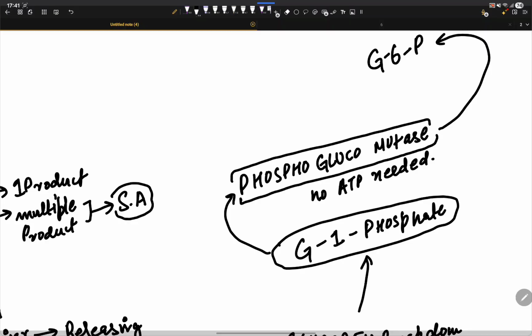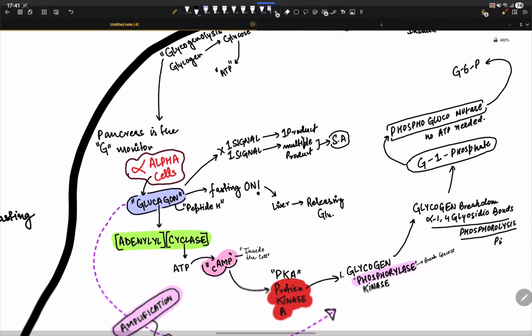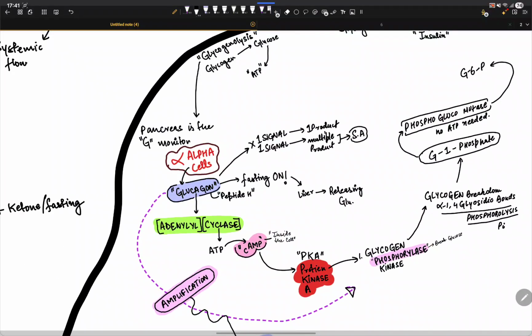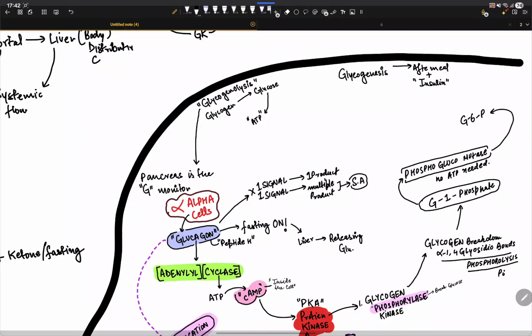So let's put some light on this whole thing that's happening. I really want to put calmodulin and calcium in this picture. Let me do it slowly, and I will do this in the second part of glycogenolysis. This whole process actually started with glycogenesis.